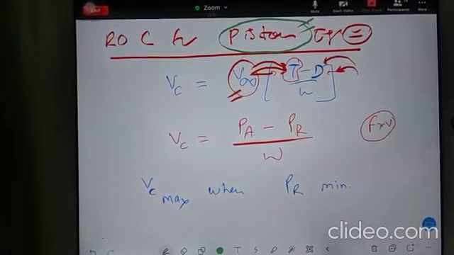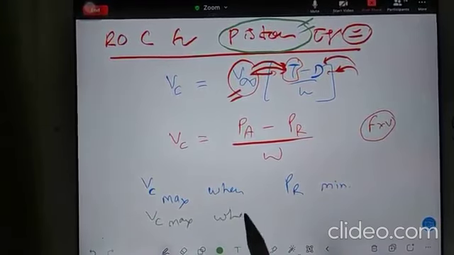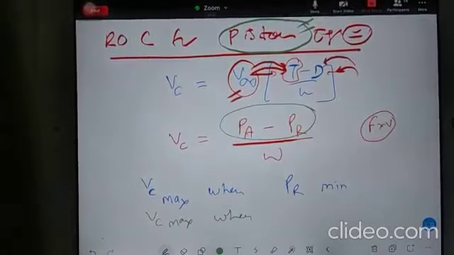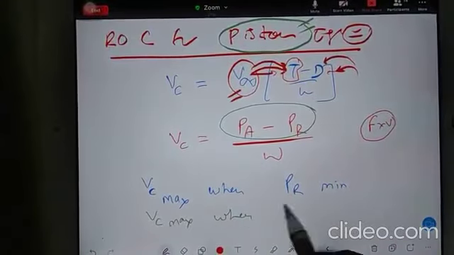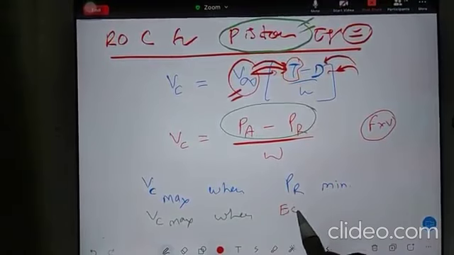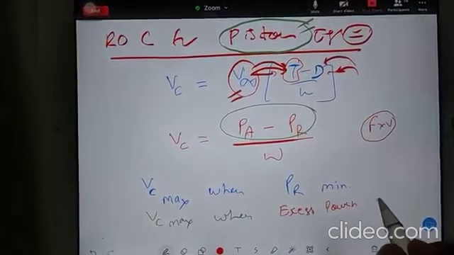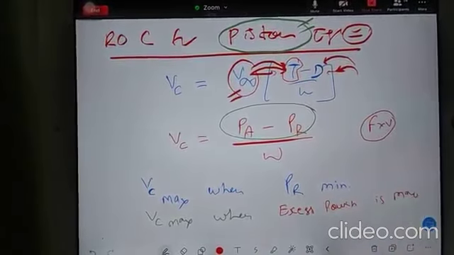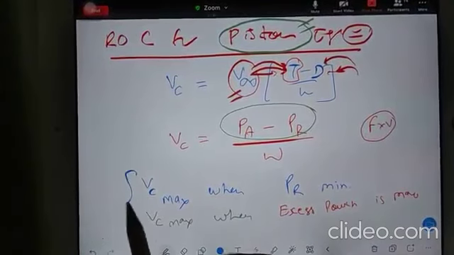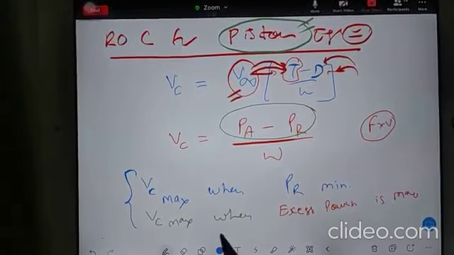Or you can say VC will be maximum when, you can see the gap here between power available and power required, that gap is excess power, when excess power is maximum. Now we have great logic.